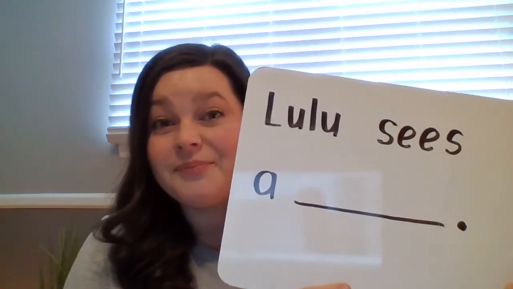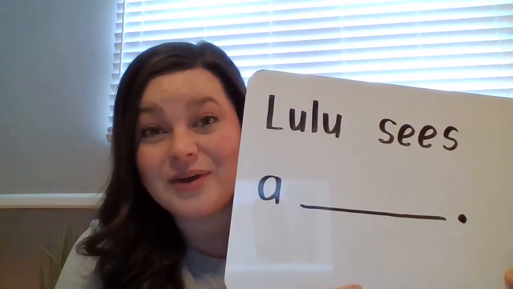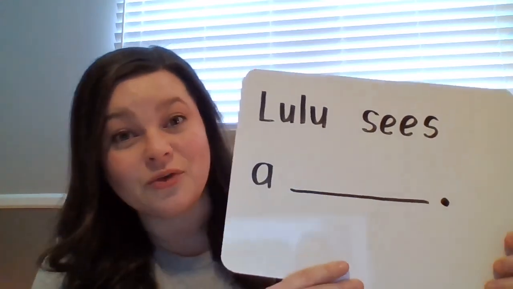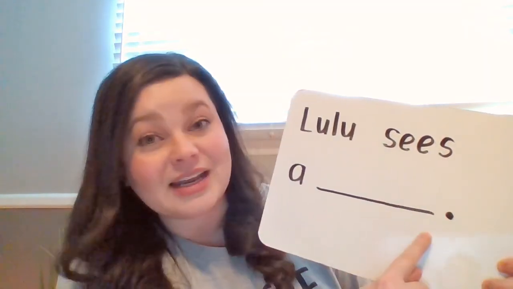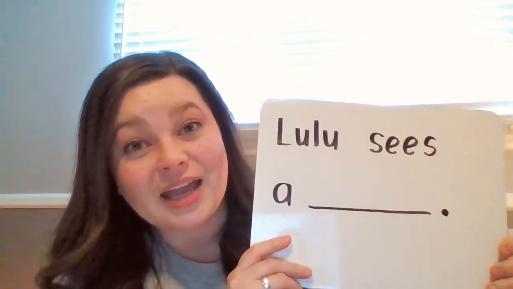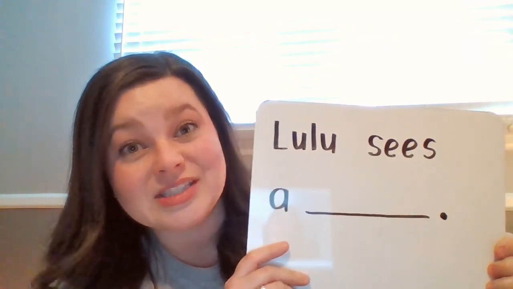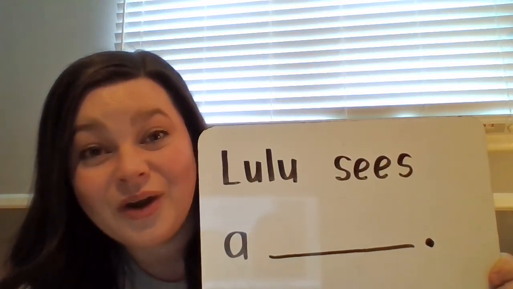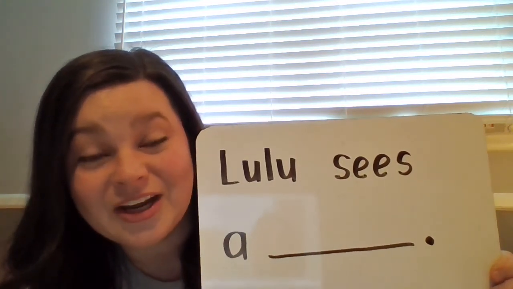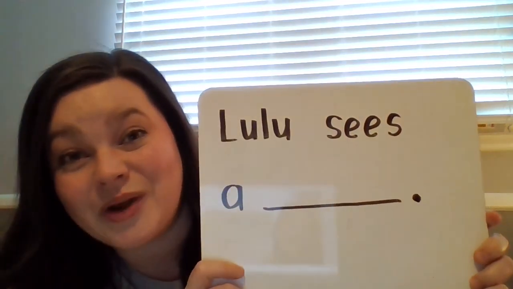You are going to use a whiteboard or a piece of paper, and you are going to write out a sentence. So what I have so far is Lulu sees a, and then I have a blank here because I want you to write your own sentence about what Lulu could see. So you are going to stop the video here and you are going to write your sentence.